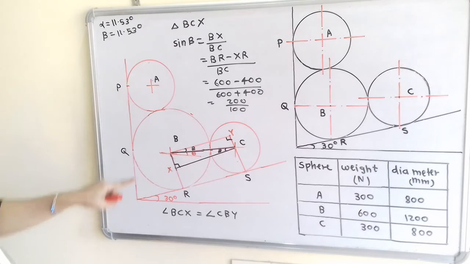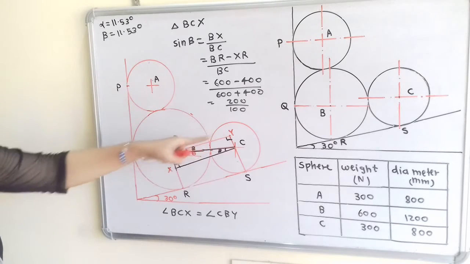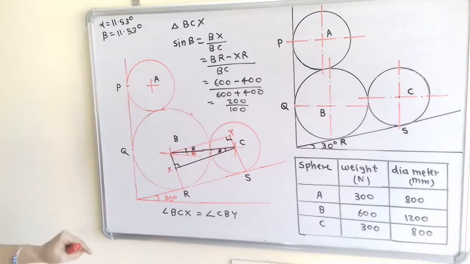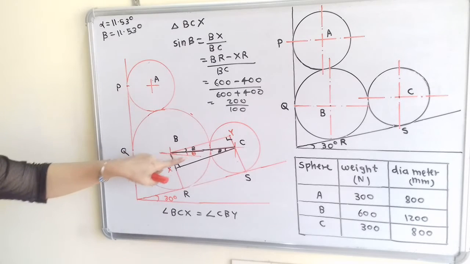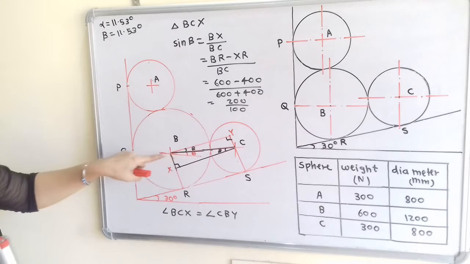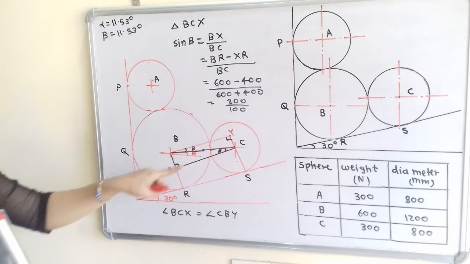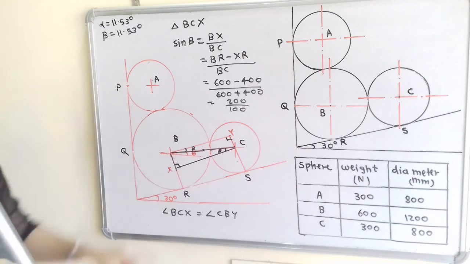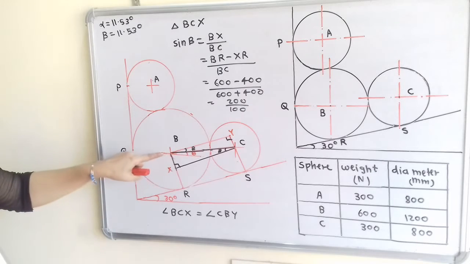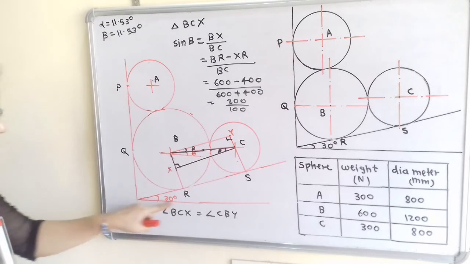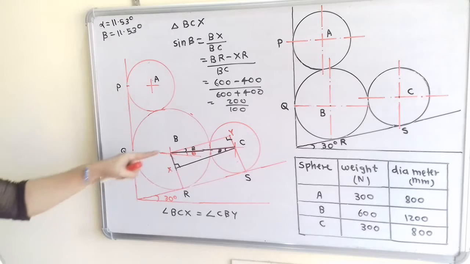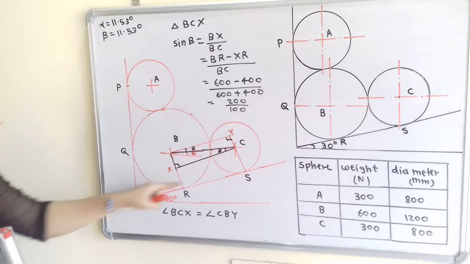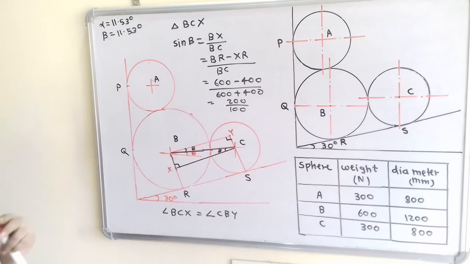Now if we observe, this line BY is parallel to this inclined line. So here theta is the angle made by this line BC with the horizontal. So if we observe, this horizontal line is parallel to this base horizontal line, and this BY is parallel to this inclined line. So the total angle is 30 degree.